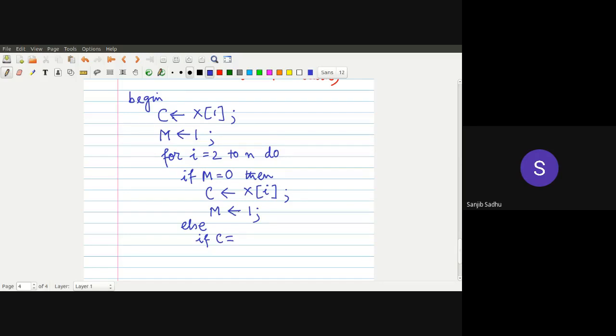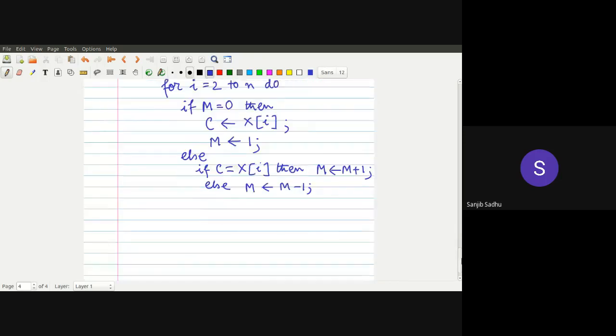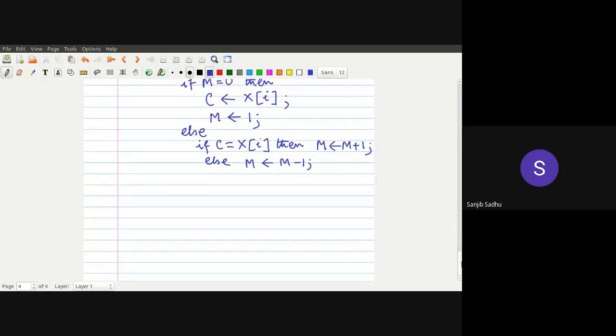Please remember, this arrow sign means assignment, and a single equal sign means comparing. Else m will be decreased by 1.